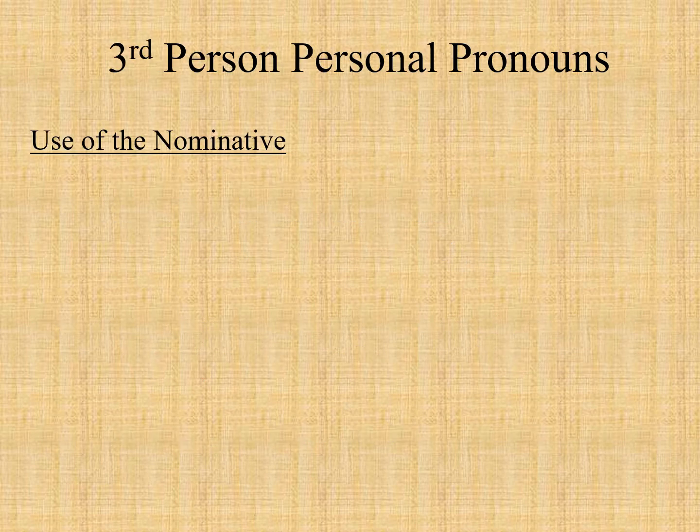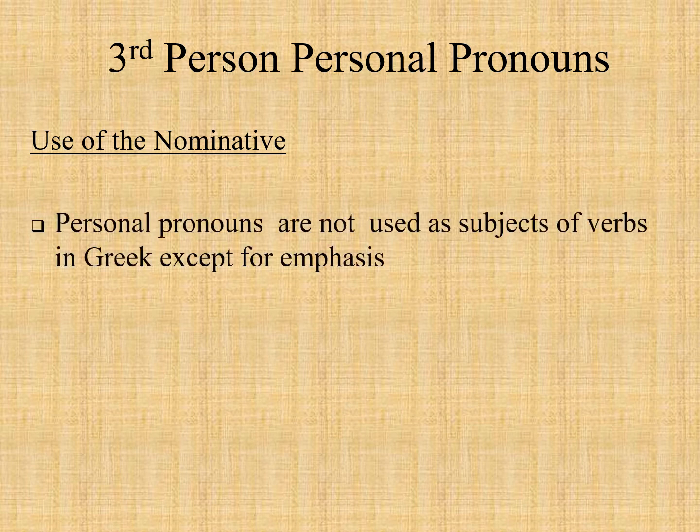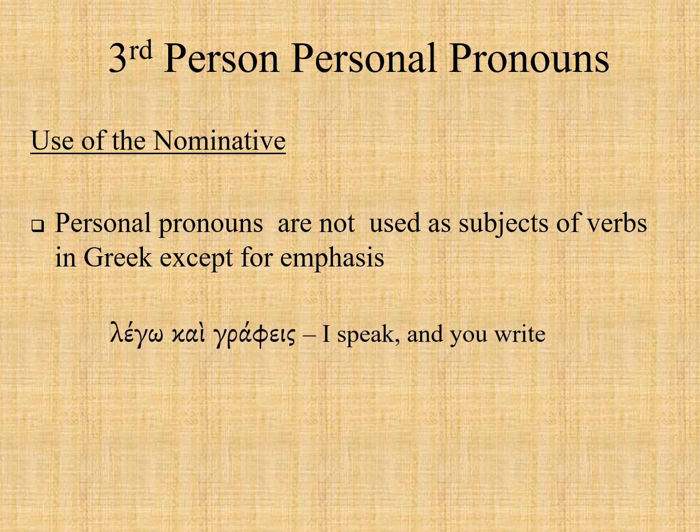So let's look at the use of the nominative case personal pronouns. Personal pronouns are not used as subjects of verbs in Greek except for emphasis. Taking an example, lego kai graphes. Lego means I speak, kai means and, and graphes means you write.